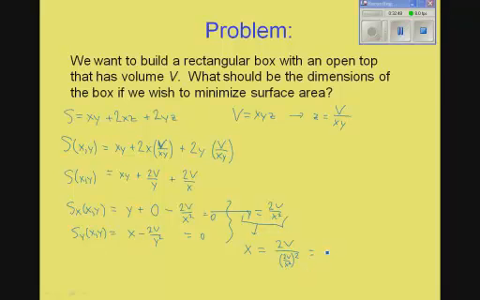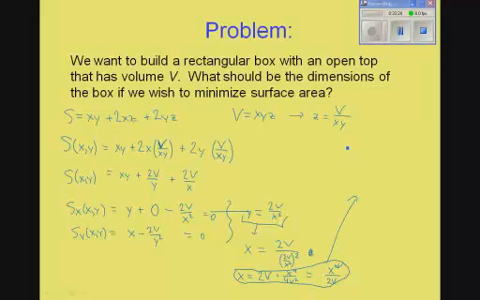So I get x equals 2v times x to the fourth over 4v squared. Basically, instead of dividing by that fraction, I'm going to multiply by the reciprocal. And so that's going to be x to the fourth over 2v. From this equation, you ought to be able to solve for x.